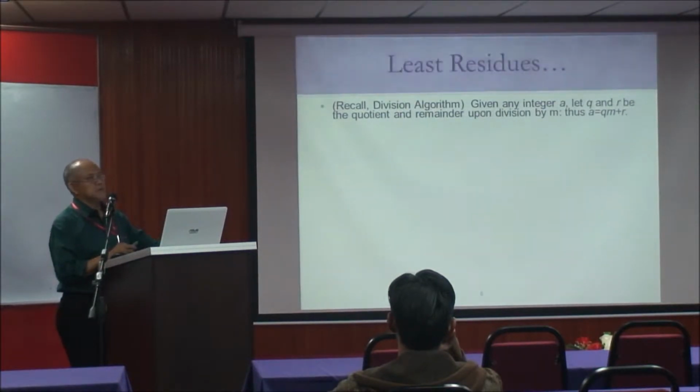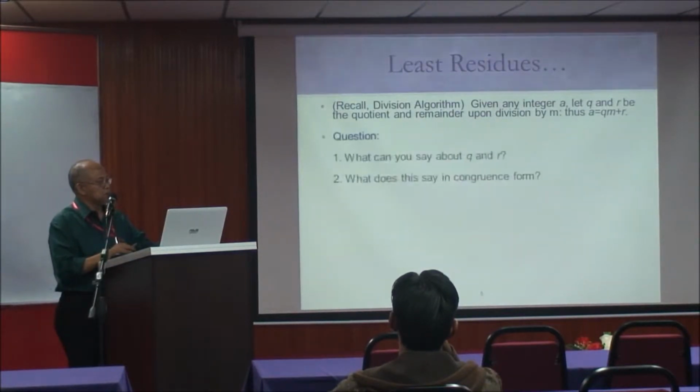If you recall the division algorithm, given integers A and M, there exist Q and R, where Q is the quotient and R the remainder, such that A is equal to QM plus R. So the question is, what can you say about Q and R in relation to the division algorithm and the concept of congruence?